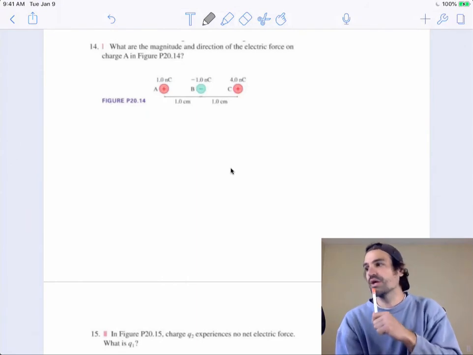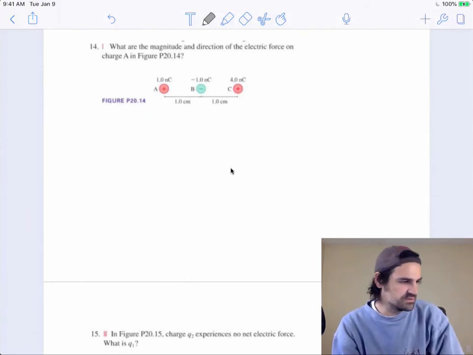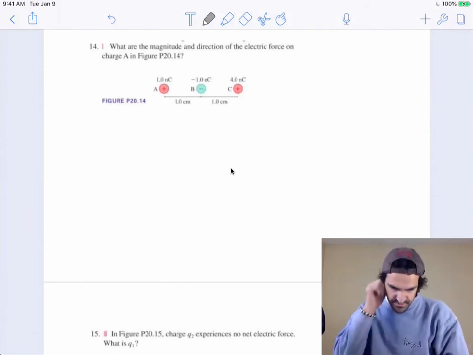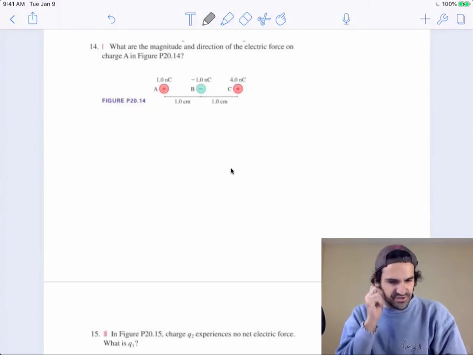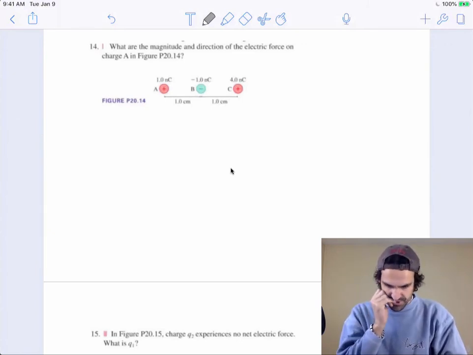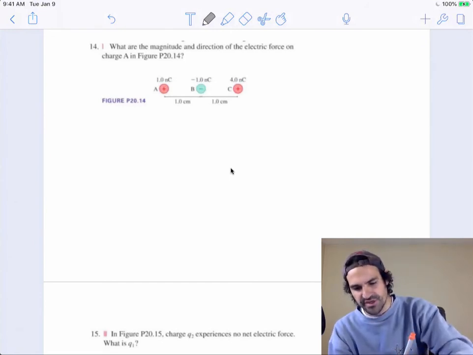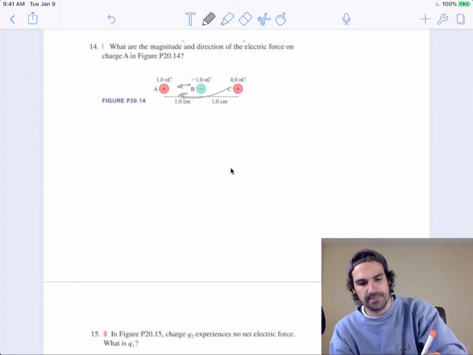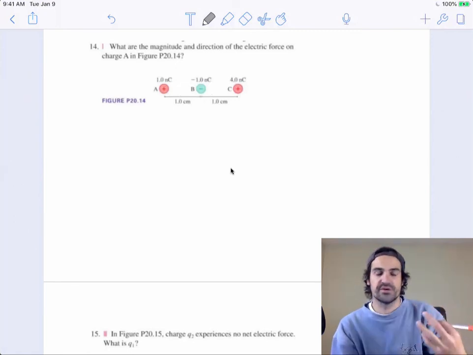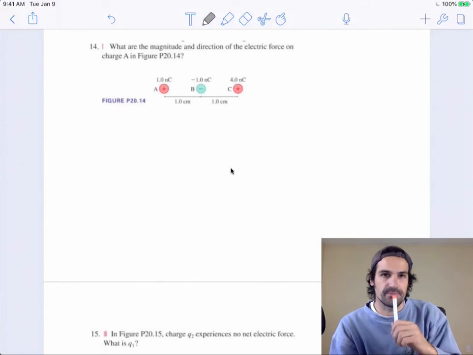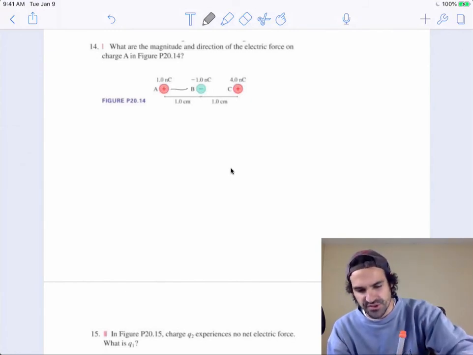All right, looking at number 14, what's the magnitude and direction of the electric force on charge A? So this one we have two objects, B acting on A and C acting on A. So the first thing I'm going to do is think about it conceptually. Okay, B and A are negative and positive, which means it's attracting.